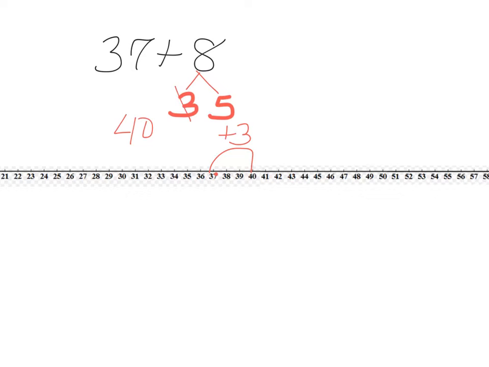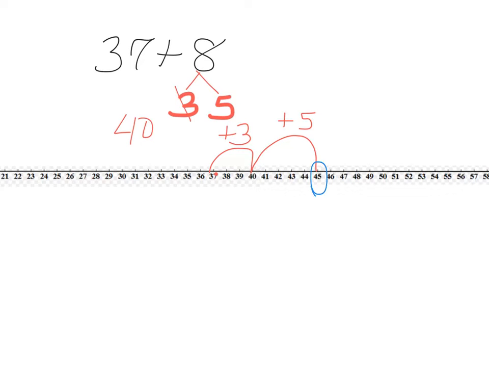Now we have 40 plus 5. That should be simple to add because it's counting by fives. And that would leave us with the number 45. So how does breaking apart 8 make adding 37 plus 8 easier?